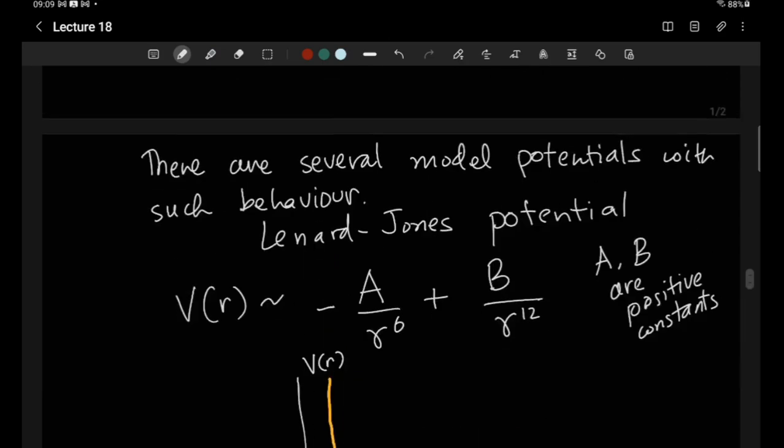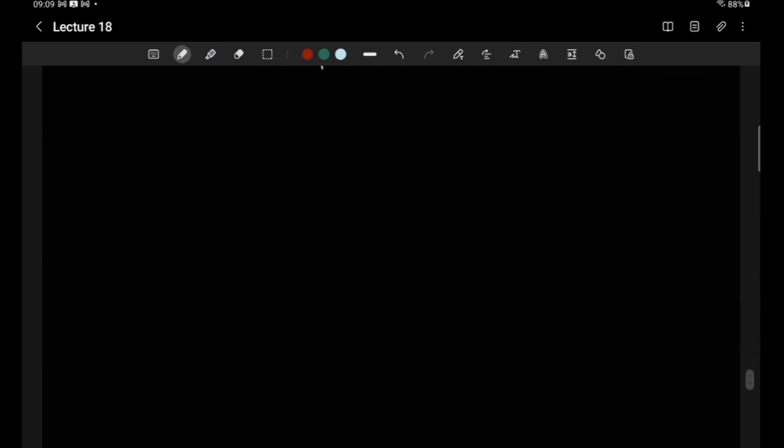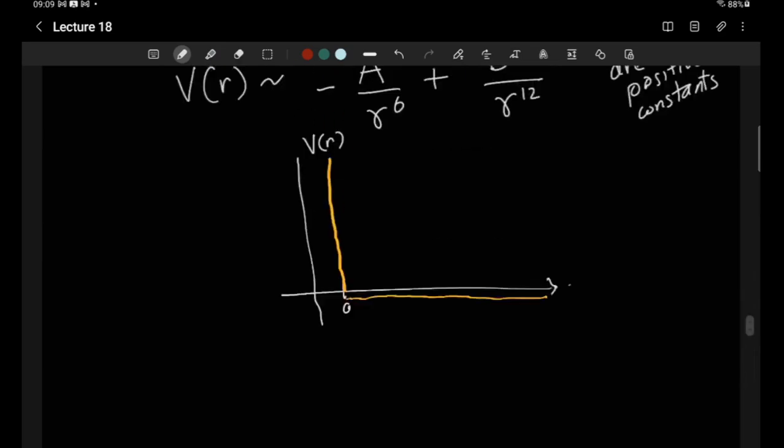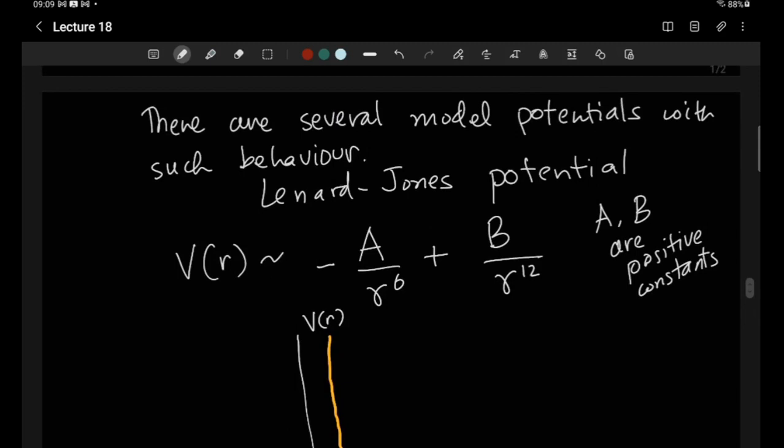And so, why r power 6 and 12? I used to know this argument, so let's just see. At least for r power 6, I think it's dipole interactions or something.